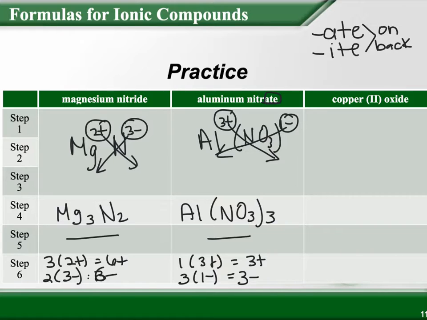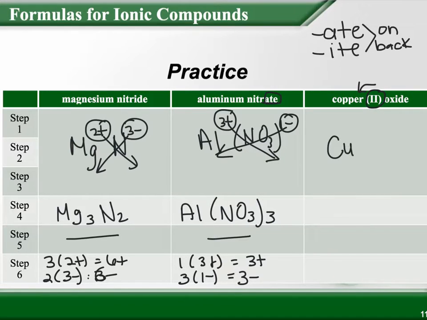So I'm all balanced. Okay, our last example gives us an opportunity to practice those transition elements. Copper is a transition element. When you see copper on your periodic table, it's in the yellow zone. Yellow means variable. So remember, the Roman numeral told us the charge on copper.